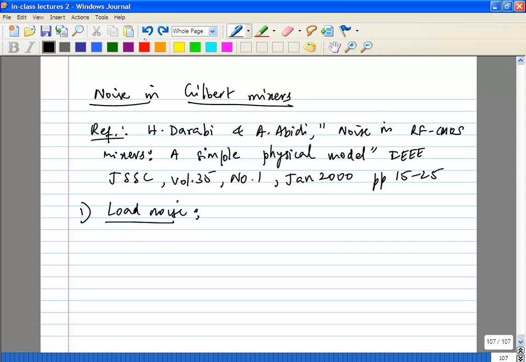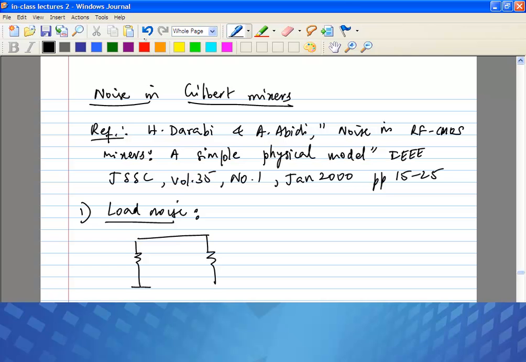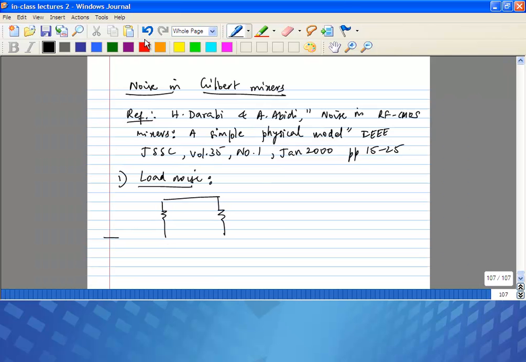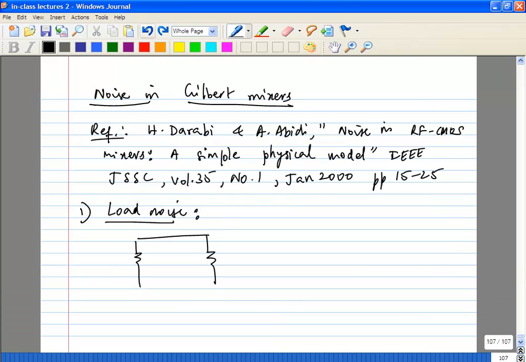So what did we see? So far we have seen resistive loads. And I'll just put the mixer core here. Obviously the resistors are going to have their own thermal noise.